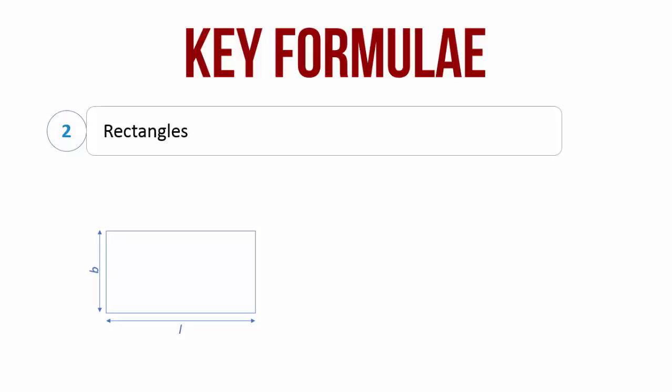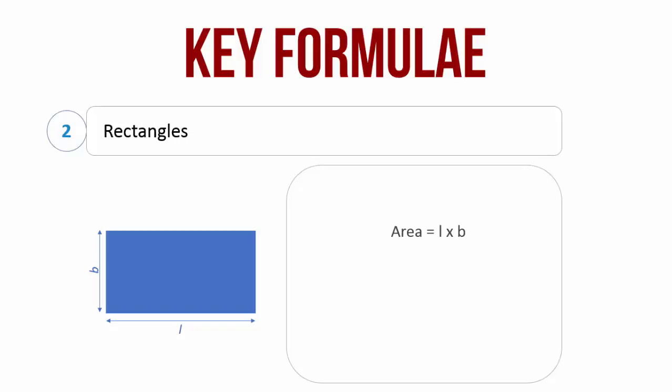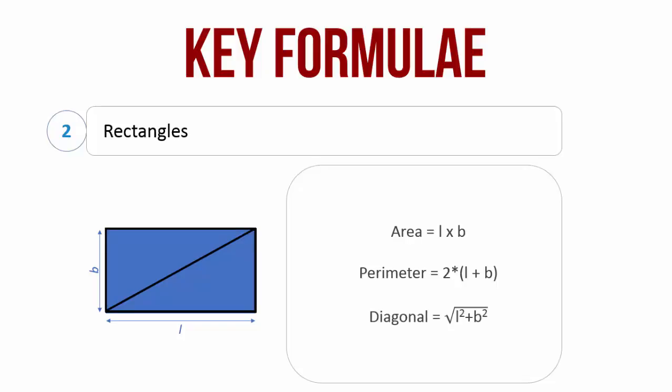The longer side of the rectangle is called the length and the shorter side is called the breadth. Let us denote it by L and B. The area of this rectangle is L multiplied by B. The perimeter is 2 times (L plus B). The diagonal of the rectangle is root over (L squared plus B squared).